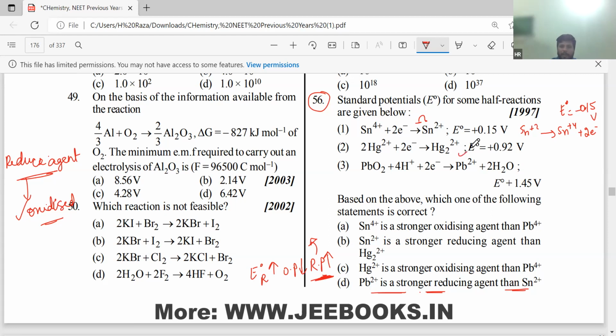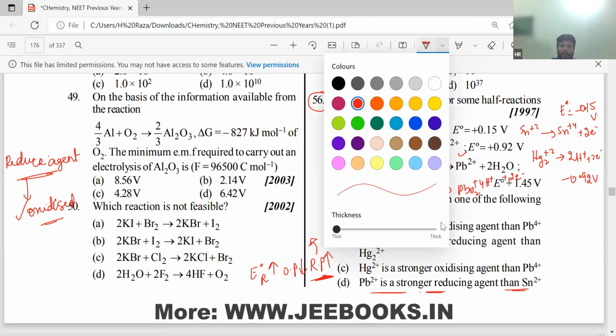In the same way, Hg2 plus 2 will give 2 Hg plus 2 electrons, and it will give 0.92 volt. Again Pb plus 2 plus 2H2O will give PbO2 plus 4H plus 2 electrons.